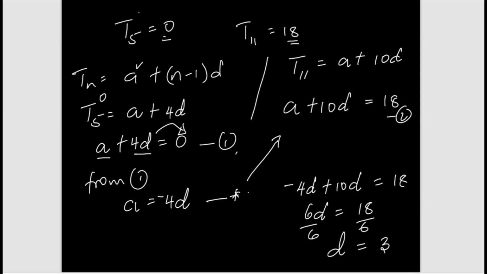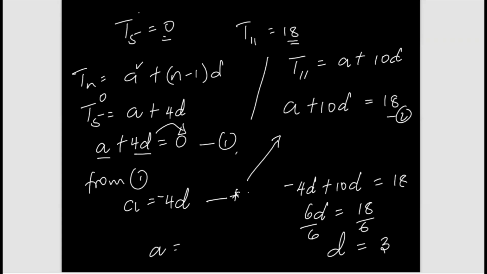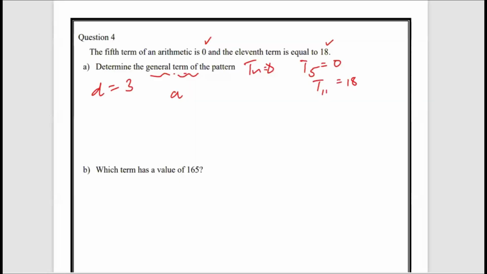What is the question asking for? Question is asking for the general term. So for us to get the general term, we have our D as a 3. We need to find the value of A. So A is going to be negative 4 times the D, which is now negative 12. So our A is negative 12. So we know that Tn is A plus n minus 1 into D. So negative 12 plus n minus 1, we say the D is a 3.